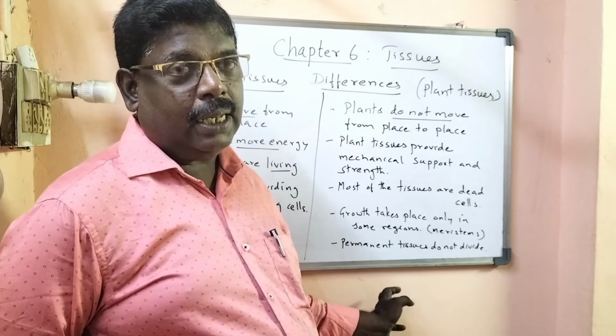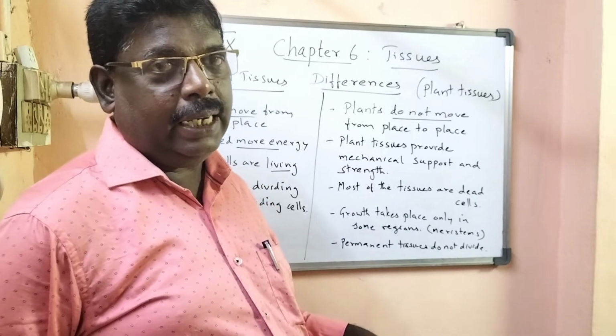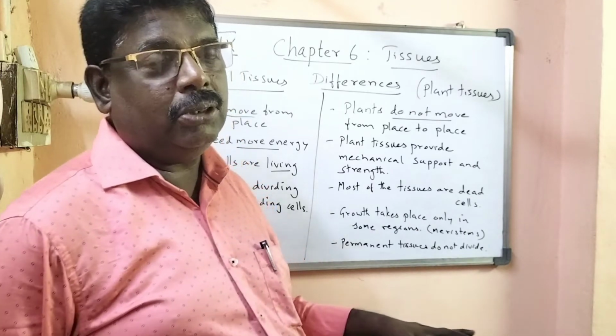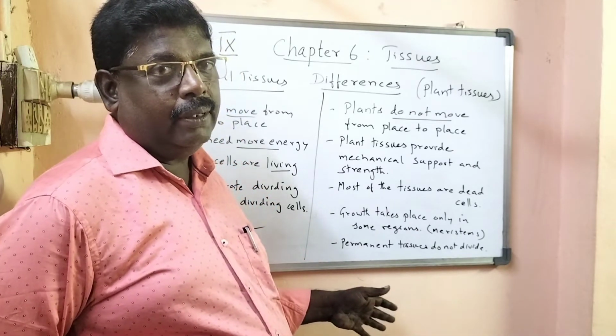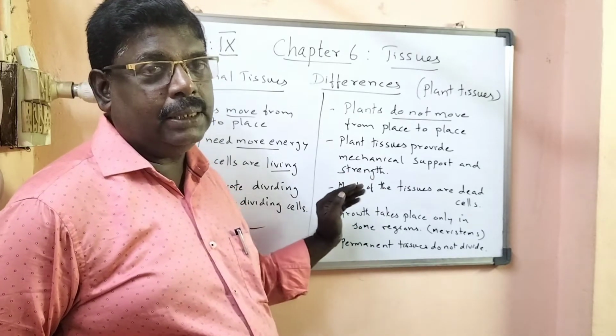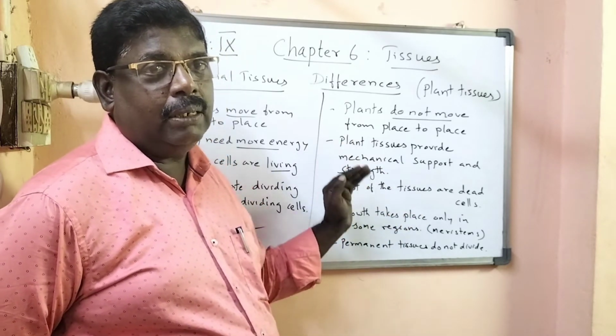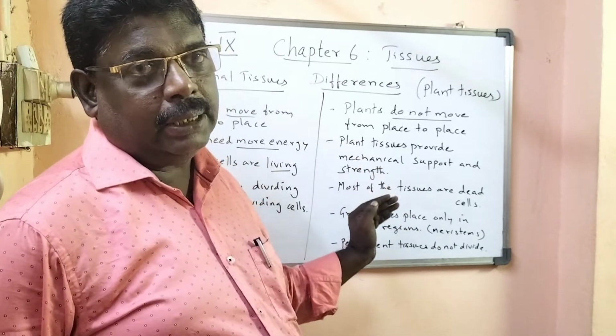In plants, most of the tissues are dead cells, and they provide mechanical support and strength.